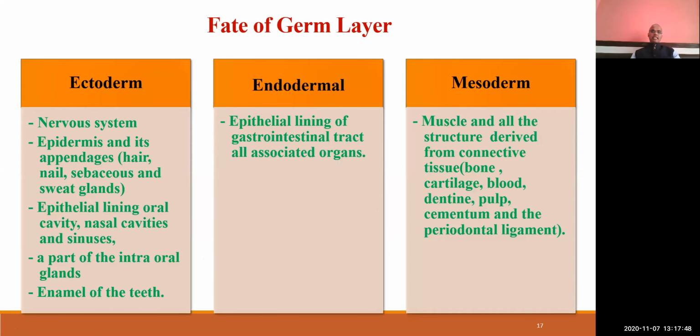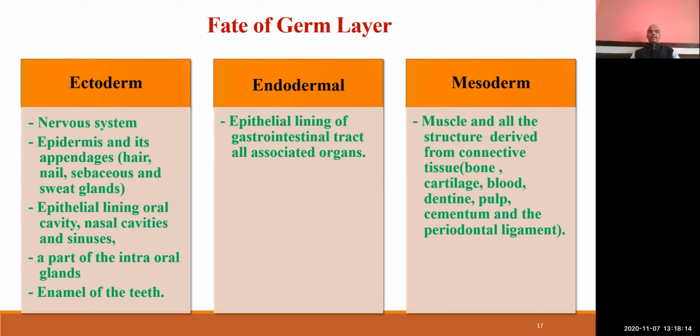So the ectoderm cells give rise to the nervous system, epidermis and its appendages like hair, nail, sebaceous and sweat glands, the epithelial lining of the oral cavity, nasal cavity and sinuses, and a part of the intraoral glands. Ectoderm also gives rise to the enamel of the teeth.